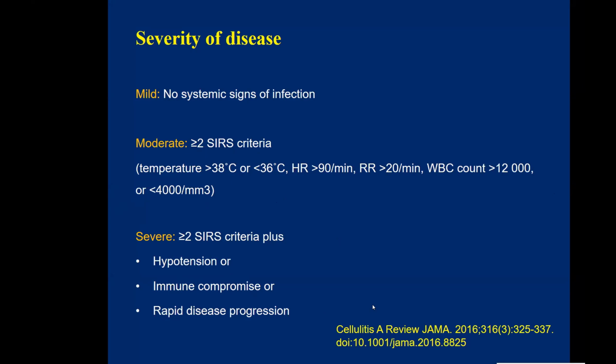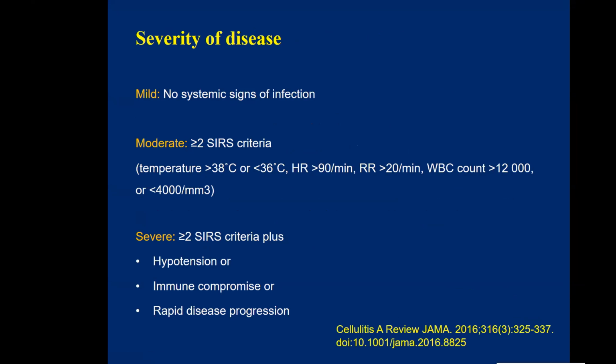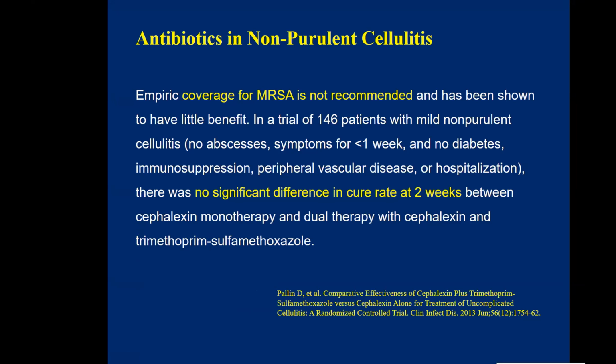And I'm not going to touch on the mild. So for non-purulent cellulitis, MRSA coverage is not indicated. So we spoke about that non-purulent. Most of the time, it will be strep, and less so, it will be staph.